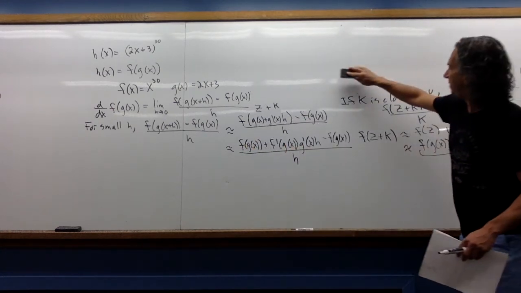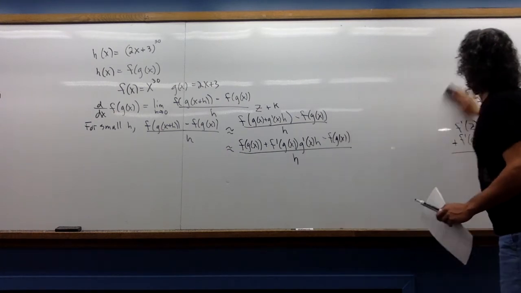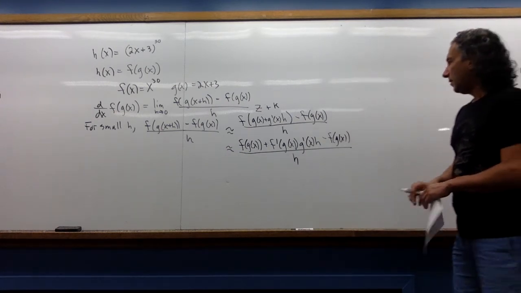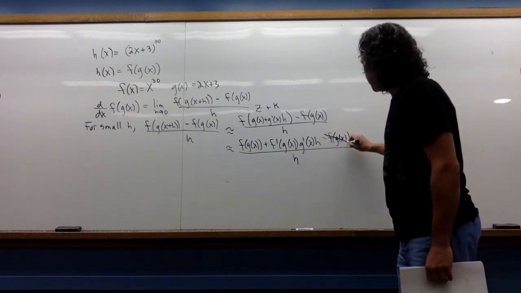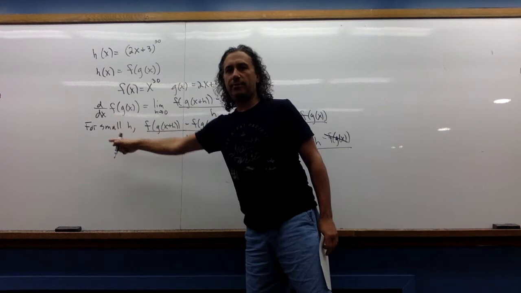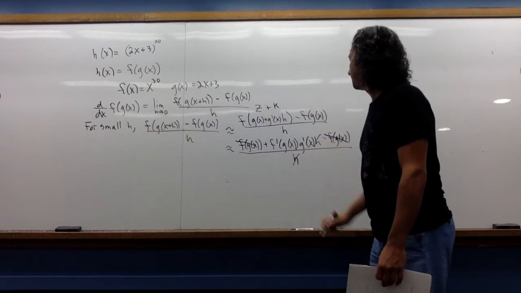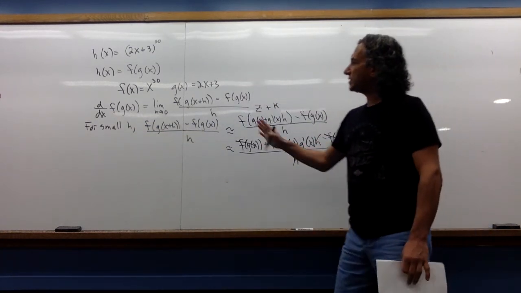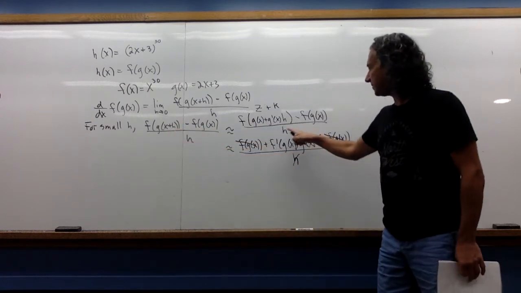All right, again, let me get rid of this stuff here because I don't need it anymore. Well, this goes away. H is small, but it's not 0. So this goes away. So for small h, this guy is approximately this guy.